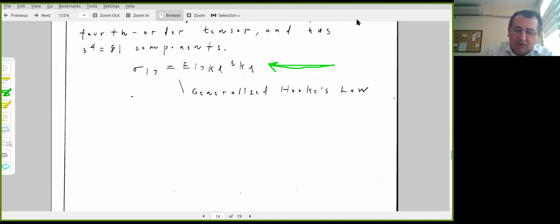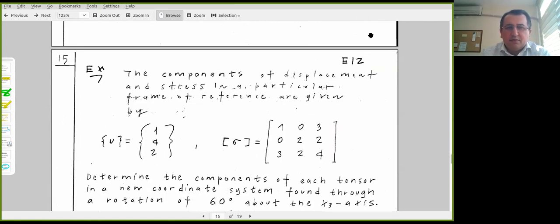Now, I'm going to give you an example on this computation, an example on transformation formulas. The components of displacement and stress in a particular frame of reference are given.